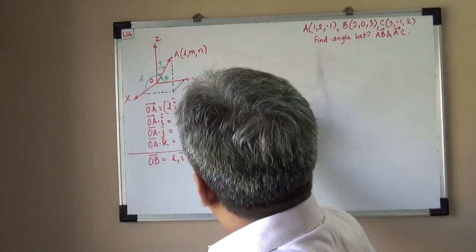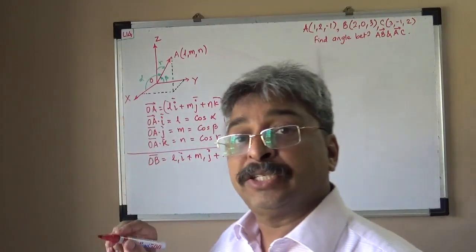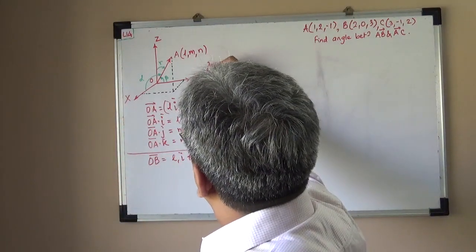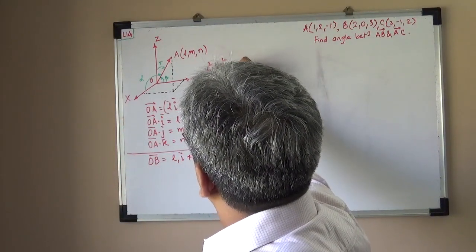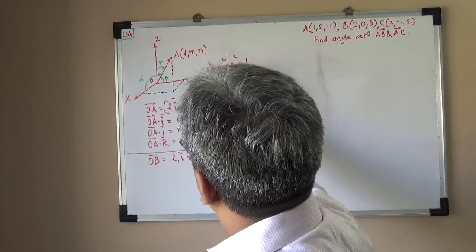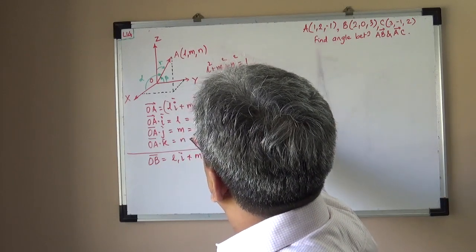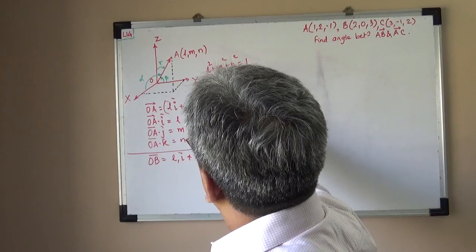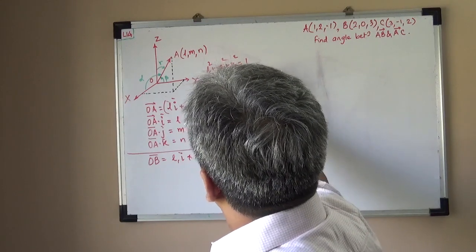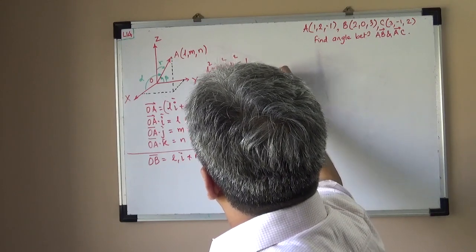So if l, m, n are direction cosines, then l square plus m square plus n square is equal to 1, and that is cos square alpha plus cos square beta plus cos square gamma is equal to 1.